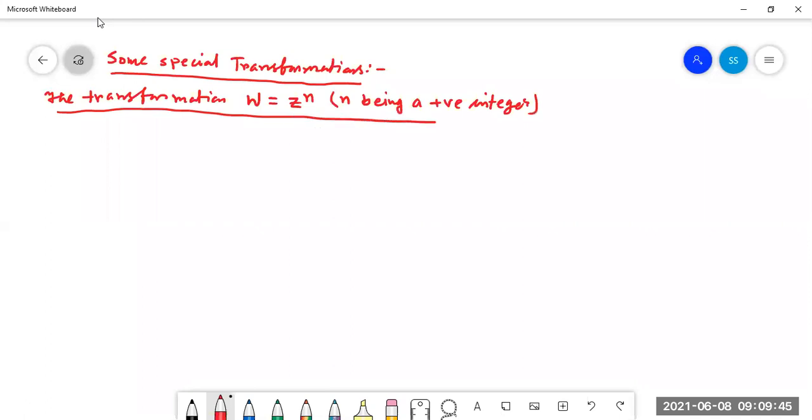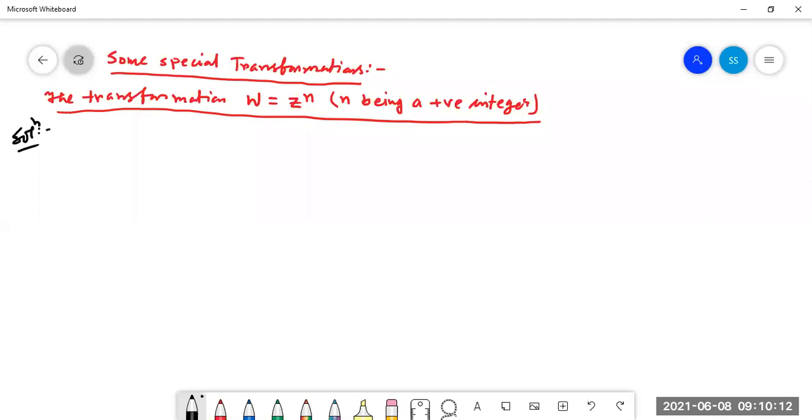So when W is given as Z to the power n, that means from the Z plane to the W plane. Look here, what will be the transformation? W equals Z to the power n. At first I told you that dW/dz should not be 0 for conformal.